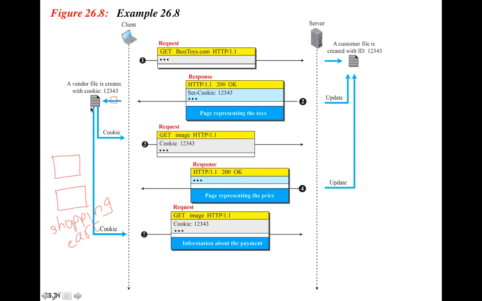The final information about the items to be purchased, which the client has added to their shopping cart, is stored in the cookie. And then when the final page comes up about making the payment, the finalizing the order page, this cookie with the updated information about what the client wants to buy is sent to the server.